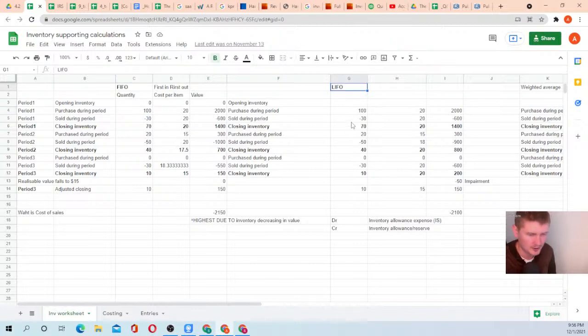Under LIFO, when you sell the inventories, you assume that you are selling the inventories which you acquired recently, and your oldest acquisitions just stay in your inventory. And under LIFO, your cost of goods sold is usually the highest because you are valuing inventories at the oldest cost, which is usually the lowest.